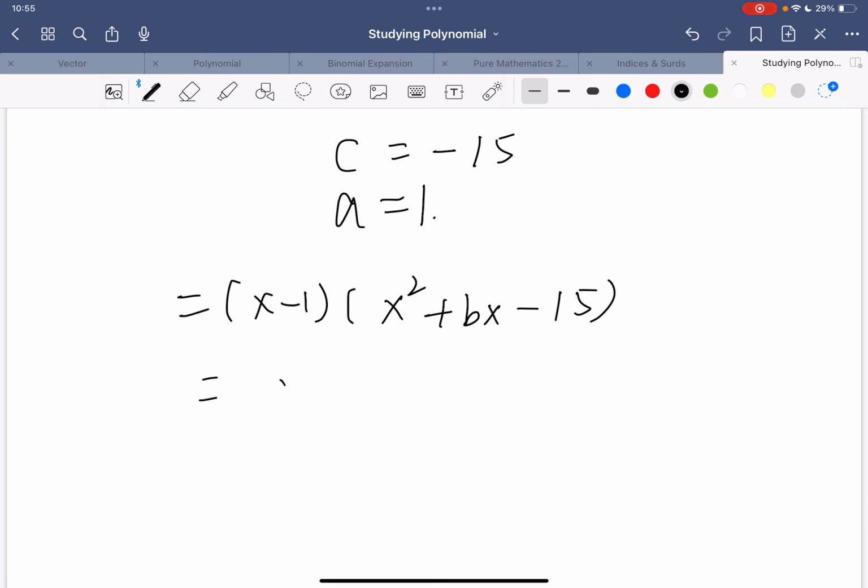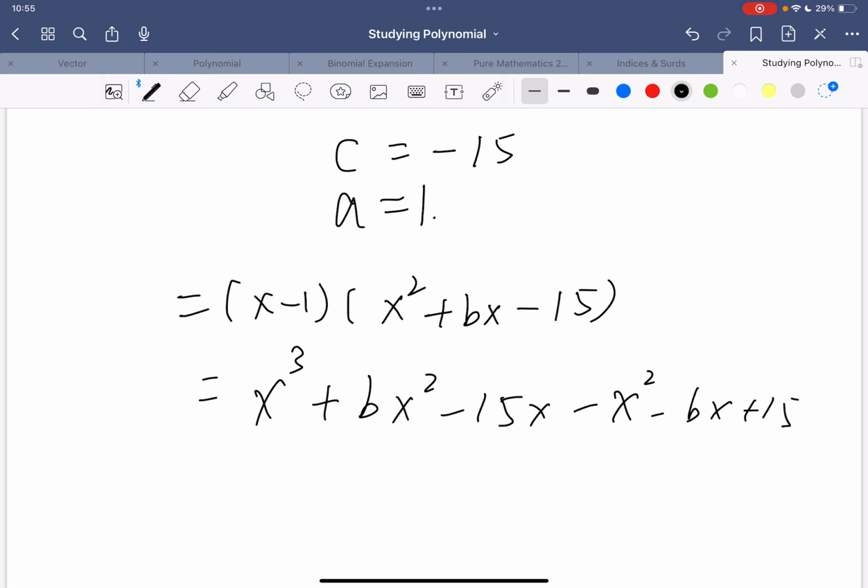Okay, open the brackets. Okay, let's compare the coefficients. Then we can figure out the value of b.